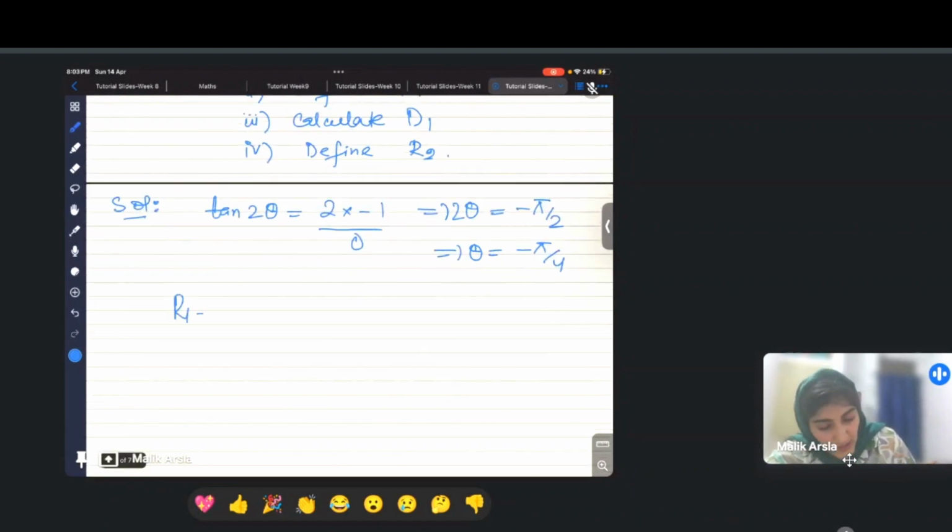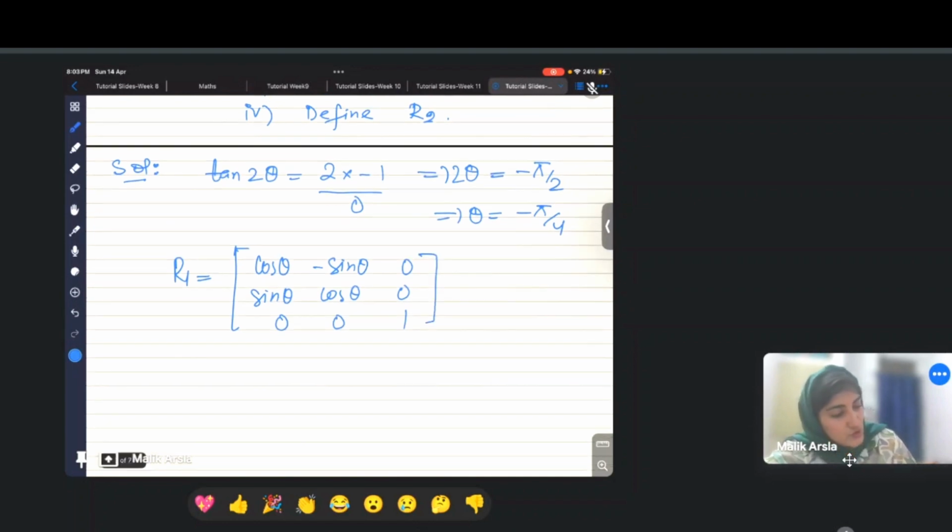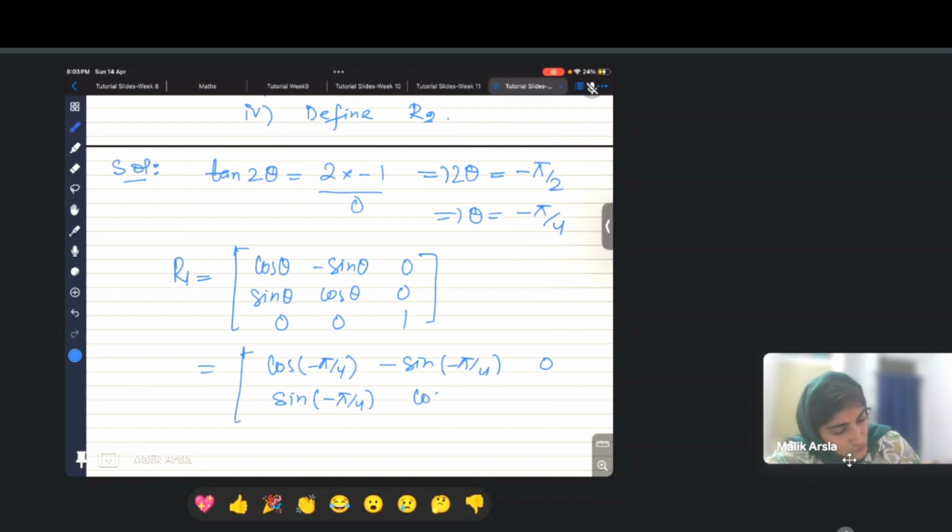Now while making R1, it is cos theta, minus sin theta, 0; sin theta, cos theta, 0; 0, 0, 1. So R1 will be cos of minus pi by 4, minus sine of minus pi by 4, 0; sine of minus pi by 4, cos of minus pi by 4, 0; 0, 0, 1.